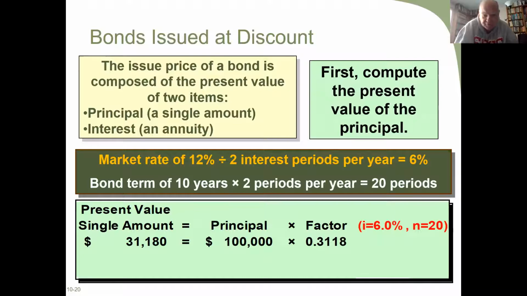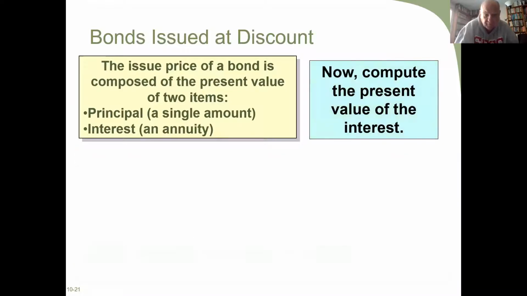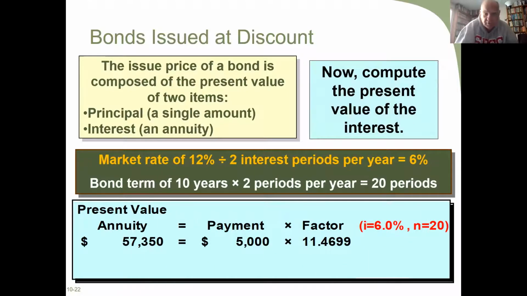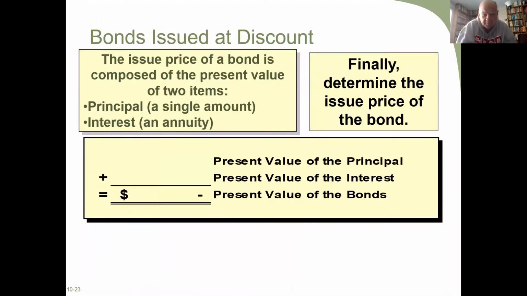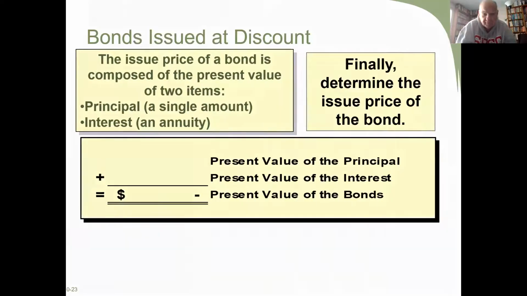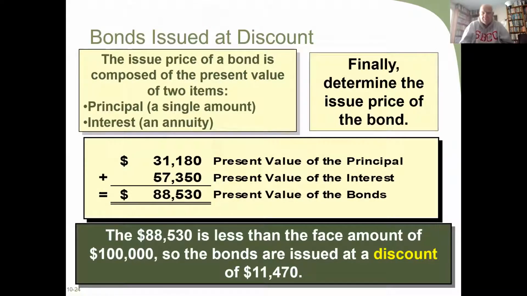Okay, here we go. So we're good with the single number, and we repeat the process with the annuity. The annuity was $10,000 a year, or $5,000 for 20 periods. We multiply it out. We add those two numbers up. And look what we have here. There's the present value of that bond.